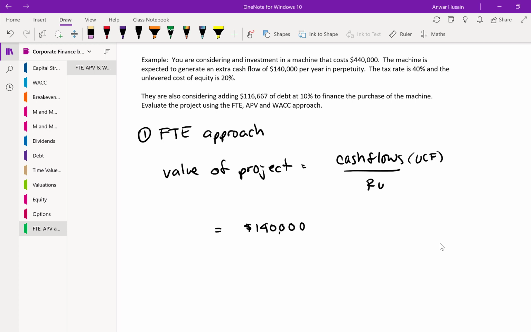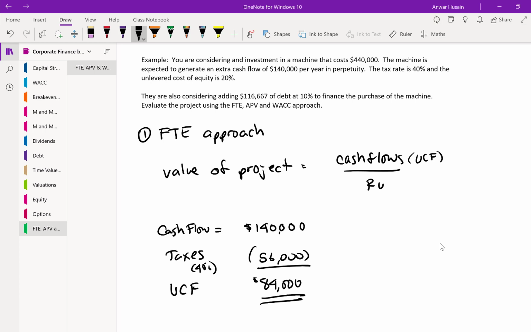I'll just call this cash first of all, but we are also going to have taxes, and these are at 40%. So $56,000 would be paid in taxes. So the unlevered cash flow from this is going to be $84,000.